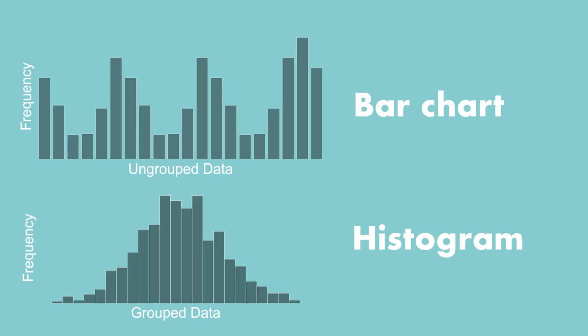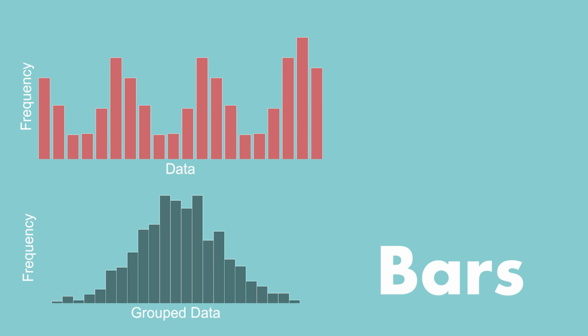However, to distinguish between the two, the rectangles are in connection, they touch each other in the histogram, only in the histogram, since in the bar chart the rectangles are separated. These rectangles, both in the bar chart and in the histogram, are called bars.